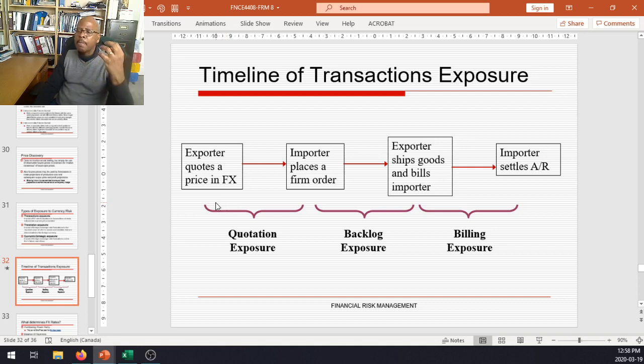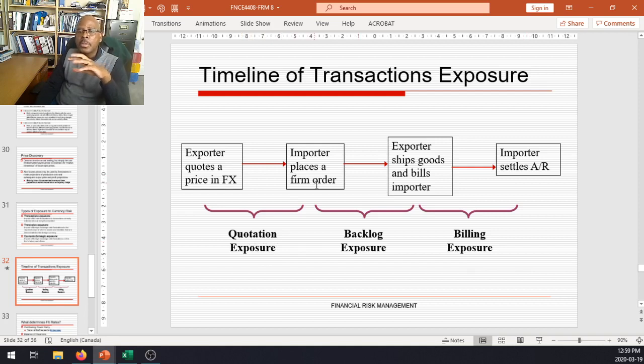Now, if the exporter waits until the importer places a firm order, the exchange rate might change, and so the value the exporter is going to get from that quote will actually have changed between the time the quote was made and the time the order is placed. So, should you hedge? Well, it's really up to the risk manager, depending on how certain they think that quote will turn into an order. But that aspect of the transactions exposure is called the quotation exposure.